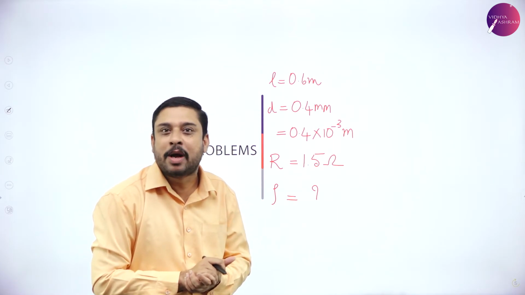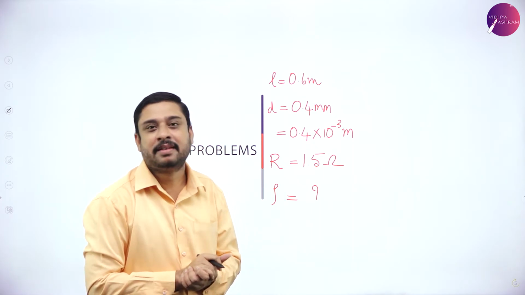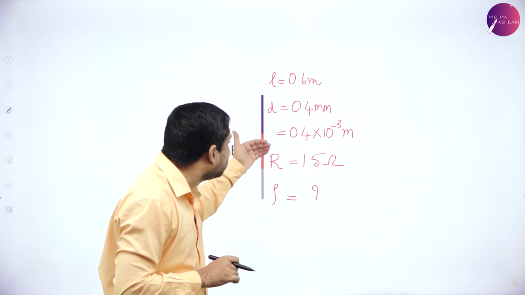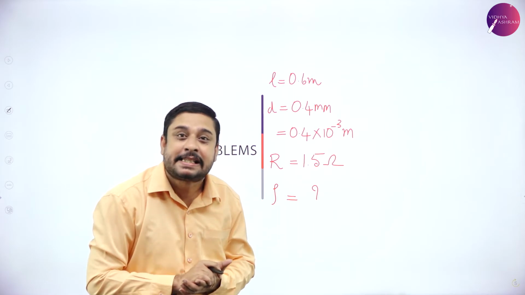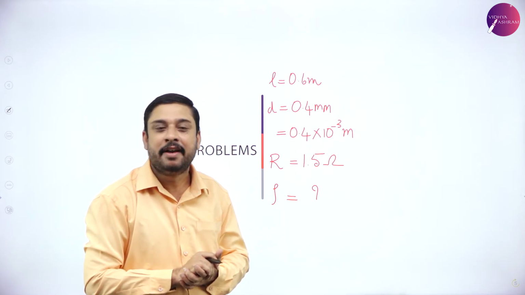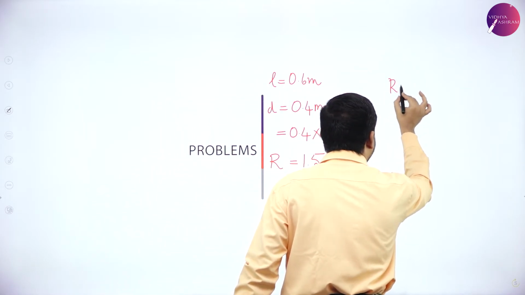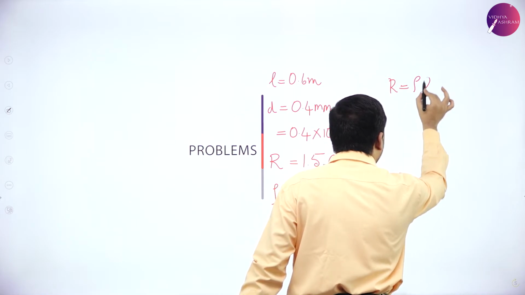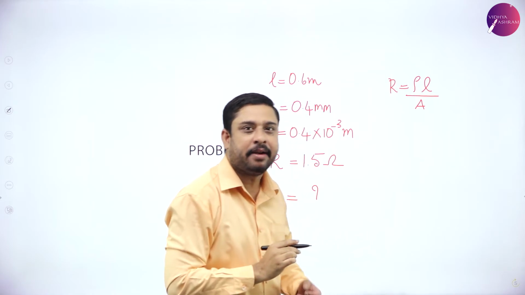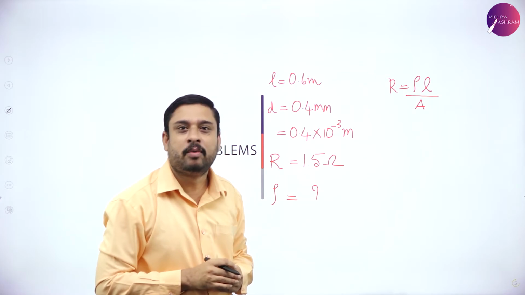As a consequence of Ohm's law, we have studied two concepts, resistance and resistivity, where we wrote R is equal to rho L divided by A. See, these things you should know.